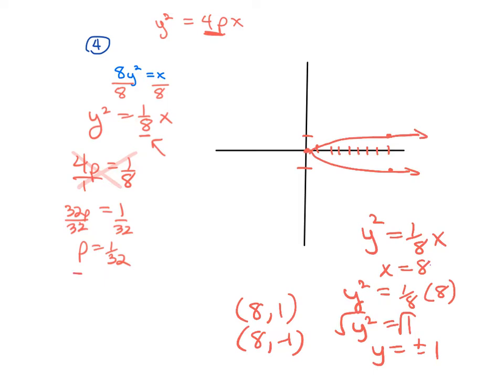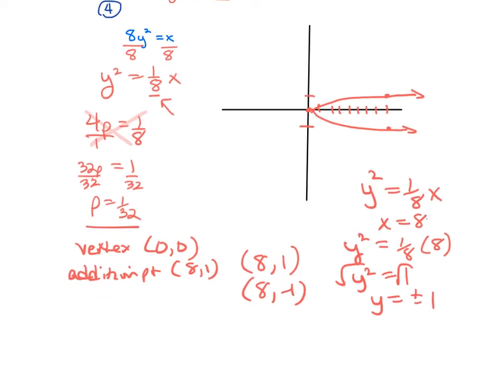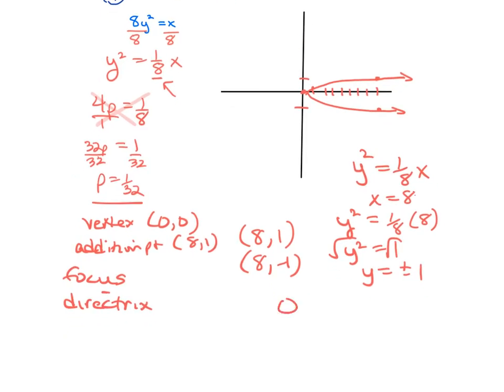So far I have found the p-value. I have found my vertex. It's at (0, 0). My additional points are these 2 ordered pairs. You only need to list one. Now I need to find the focus and the directrix. Remember, we take the vertex and add the p-value to the x.